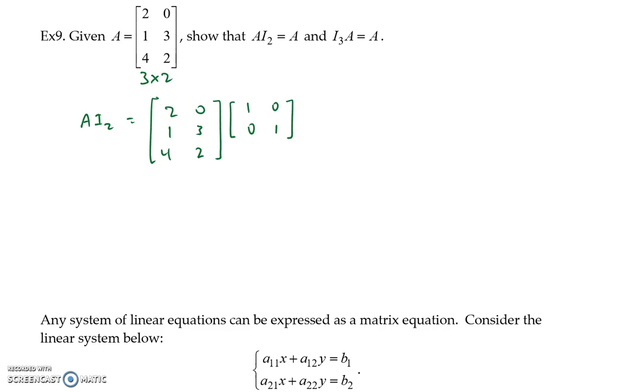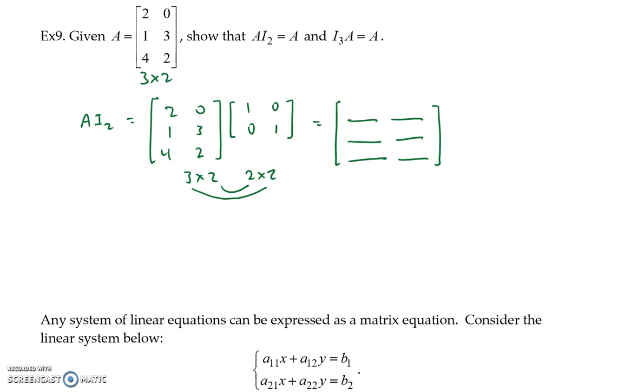Now, what we're going to do is take a 3 by 2 times a 2 by 2. You can see these inner numbers match, and the outer numbers are going to give us another 3 by 2 matrix. What we would expect that to be is the matrix A again. So we'd expect to have 6 entries, 3 rows, 2 columns. Let's see if that's the case.